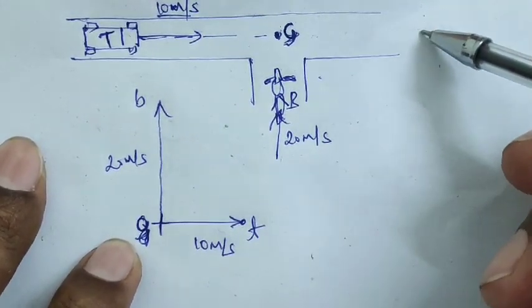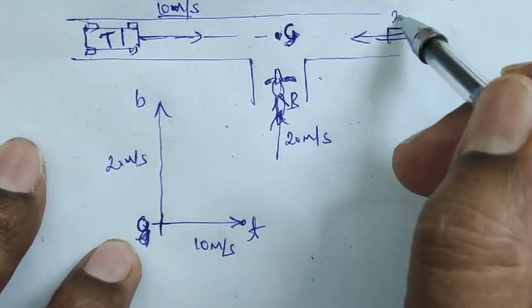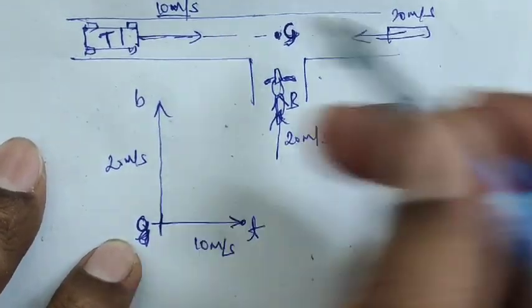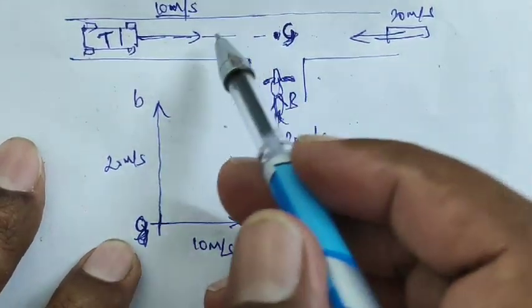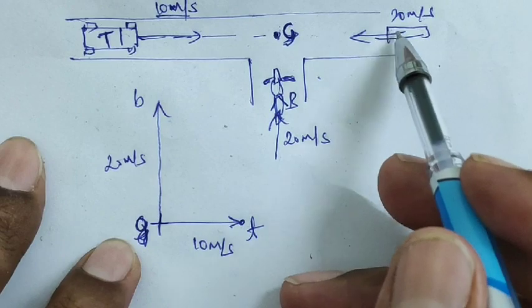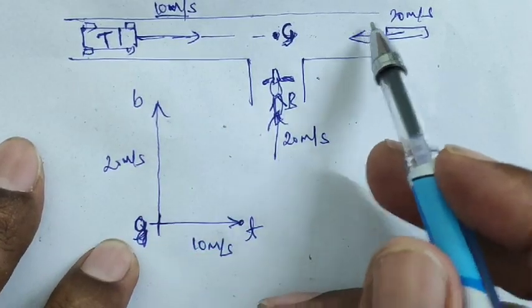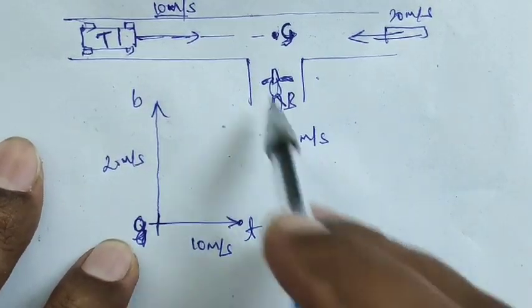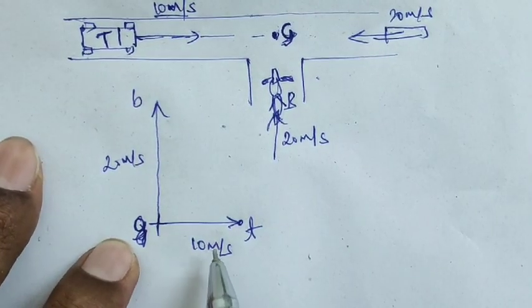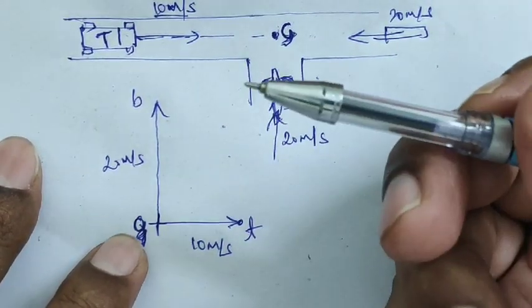Suppose the bike was coming like this at 20 meters per second, then like the previous case of the train example, we would have added that the biker would see the truck approaching him at a speed of 20 plus 10 meters per second. Now, this is a case where these two are not in the same line. So what is the speed at which the biker will see the truck approaching him?